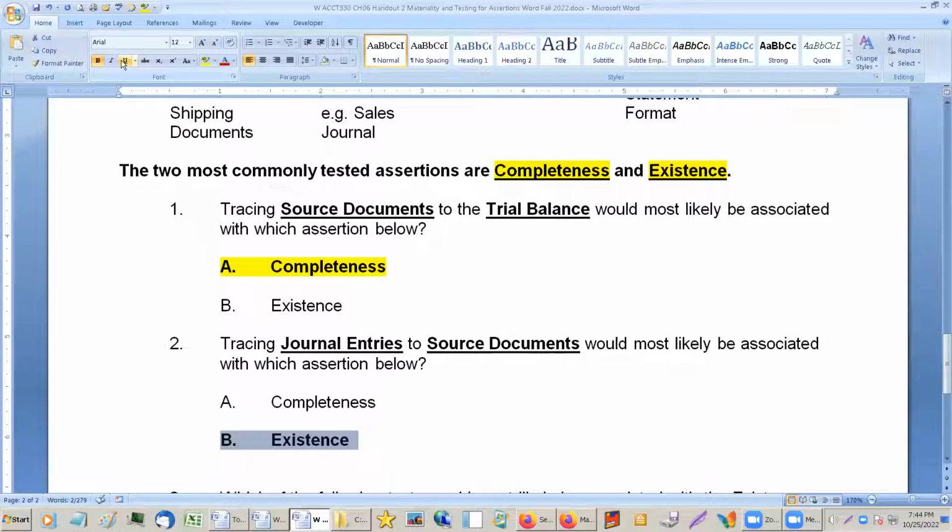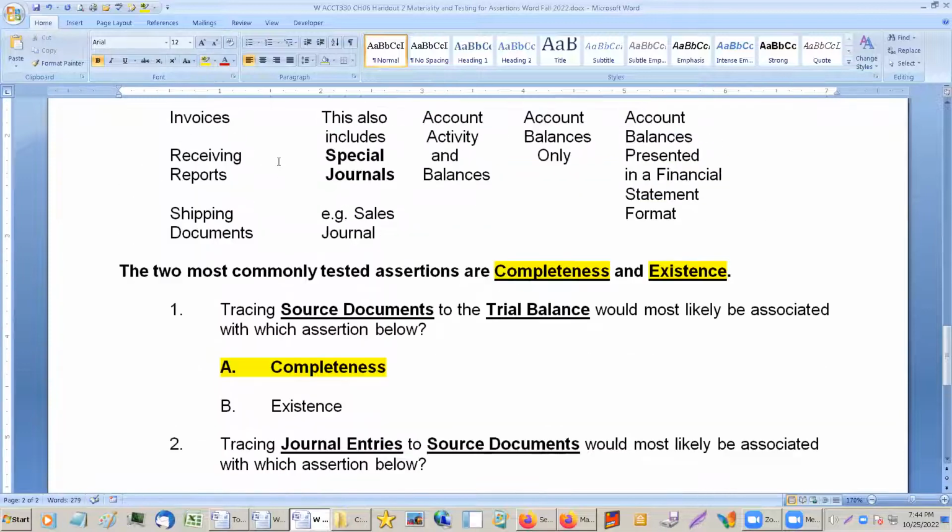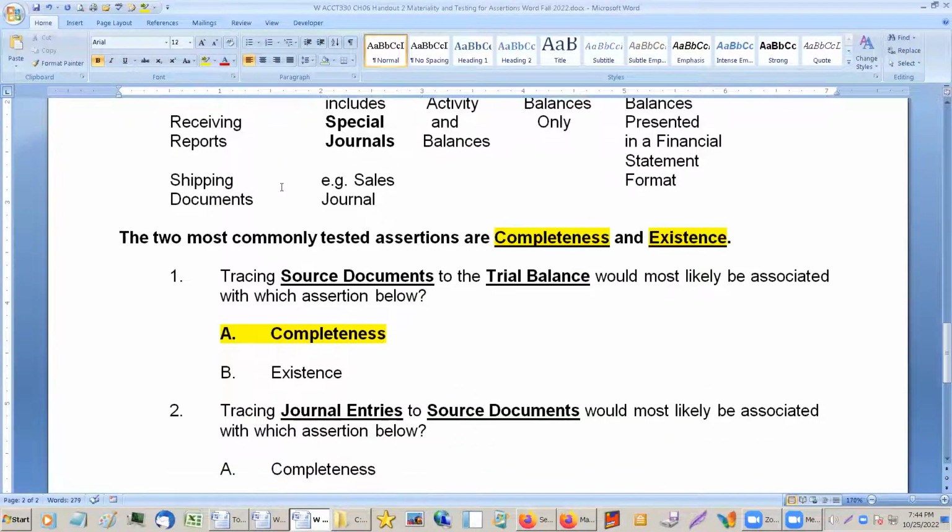And you'll kind of notice that it sort of looks like this.